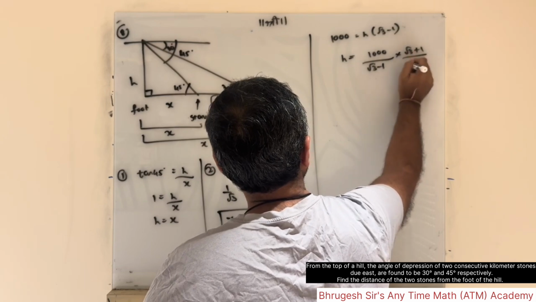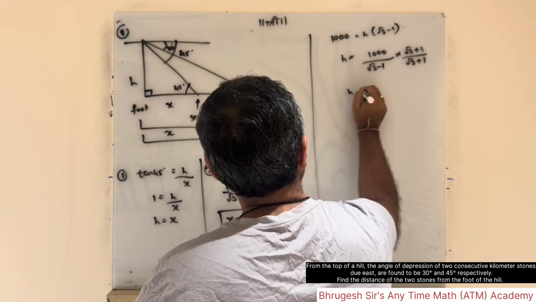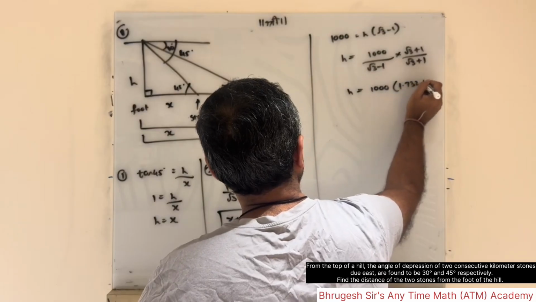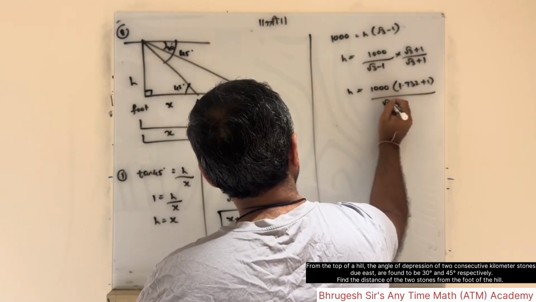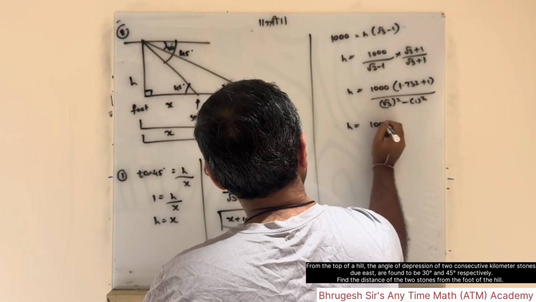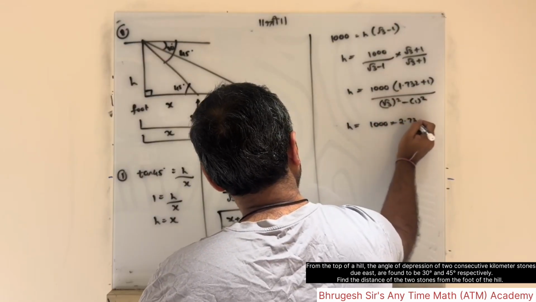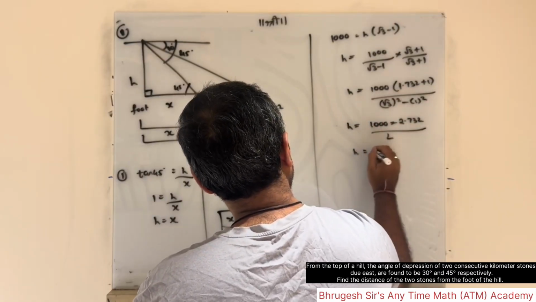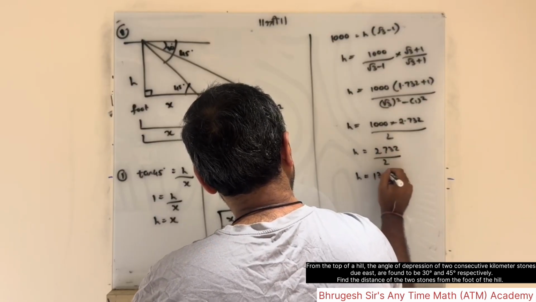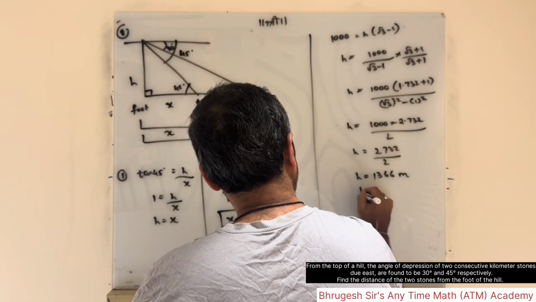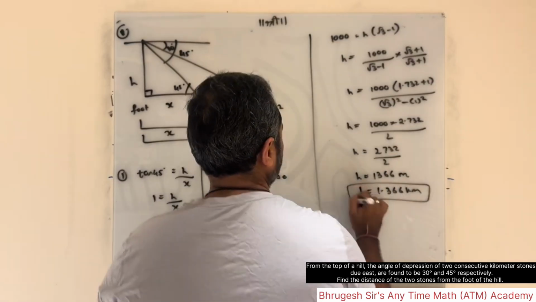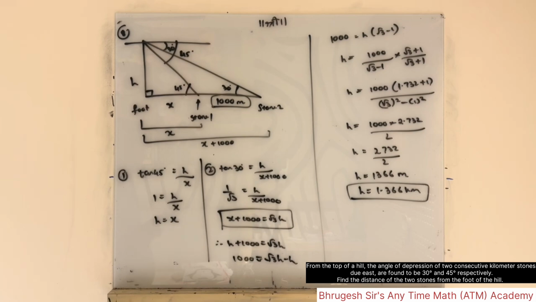Rationalize it. So you get h is 1366 meters या 1.366 kilometers.